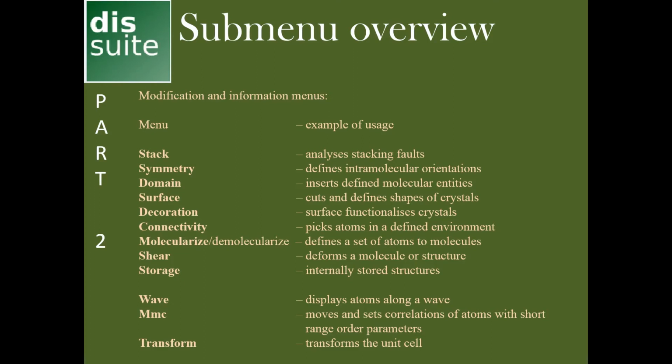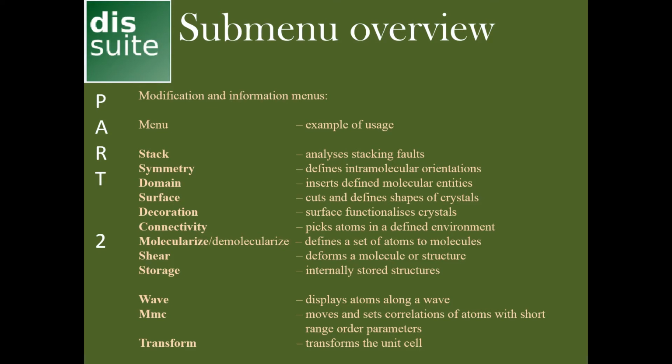The domain menu is very important when you want to insert a crystal structure, like in a host-guest complex, into another crystal structure. The surface menu lets you shape your crystal, so you can shape it in a spherical or an ellipsoidal morphology or something like that. The decoration menu gives you the possibility to add surface functionalization to any of your structures.